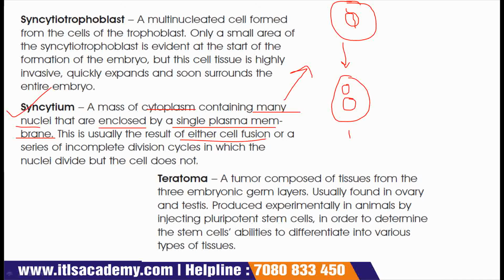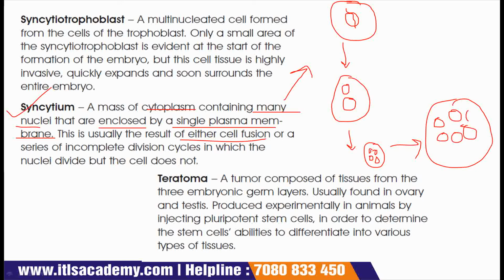This process will repeat again and again. The cell will not divide, but the nucleus present in the cell will divide. And ultimately, this cell will form a multinucleated condition. In this condition, there will be a lot of nuclei present in a single cell.